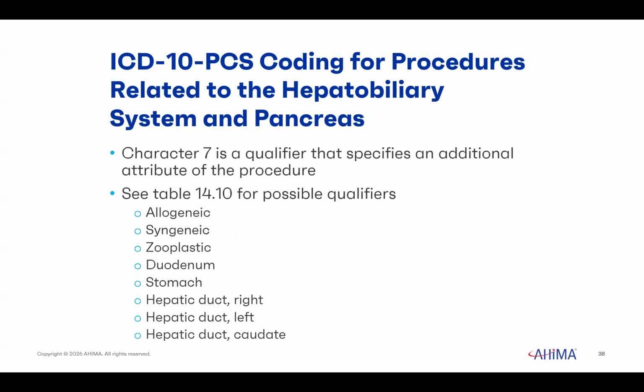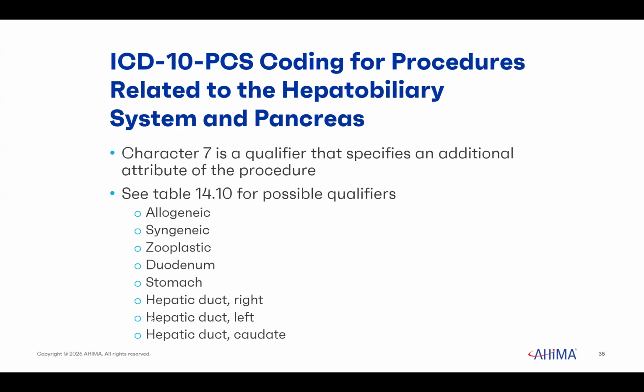The seventh character is a qualifier. And again, as we've seen before, it identifies an additional attribute, whether something is allogeneic, zooplastic, and so on. Table 14.10 lists all the possible qualifiers.